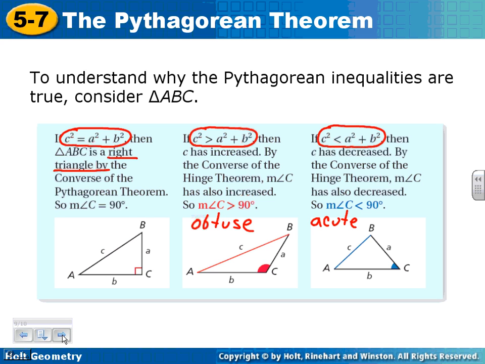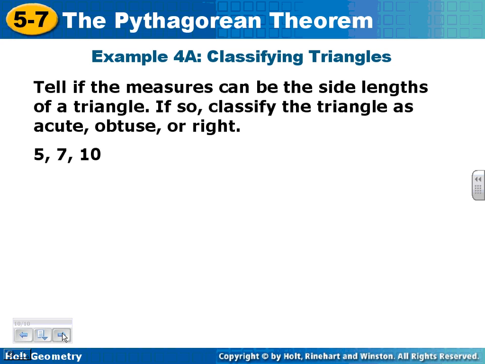With that said, let's do the last slide. This one reads, tell if the measures can be the sides of a triangle. I'm going to stop right there. Let's review. 5, 7, 10. If you remember from a previous video, I drew these little things. If I put the 10 there, the longest one there, will a 5 and 7 work?